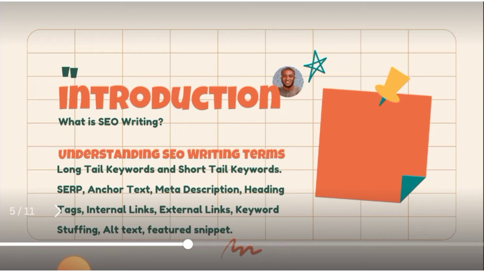So the next thing we're going to talk about is the meta description. Now, the meta description is actually an HTML tag that summarizes the web page's content. It's like a snippet of text, often around 155 to 160 characters, that appears under the page title in the search engine result page.